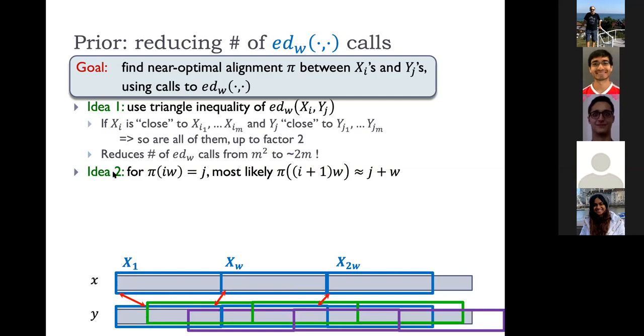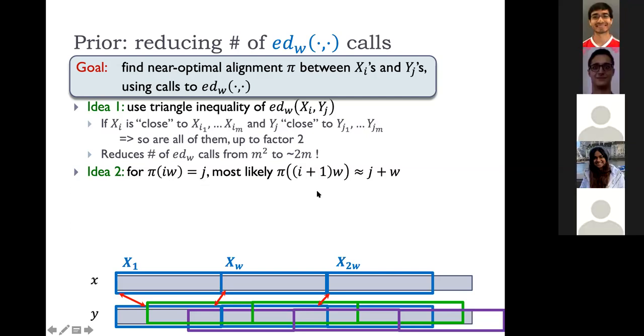Formally, if start position iw matches to position j, then the next substring starting at position i plus 1 times w should start roughly at j plus w, unless there are too many edit distance errors happening exactly in that block. So one start position, one match, should predict where the next match should be. At least on average, this deduction should hold.